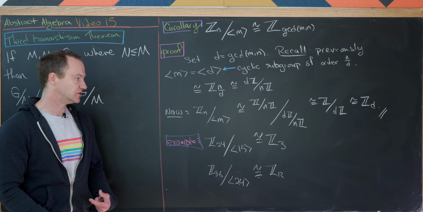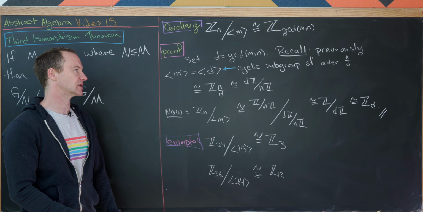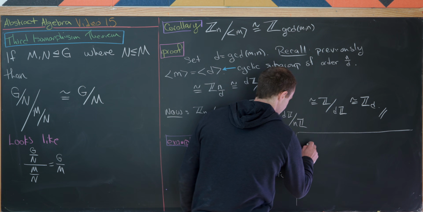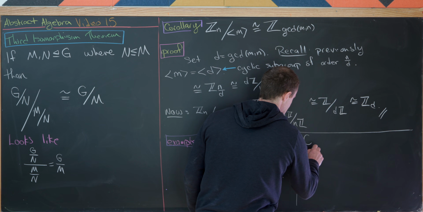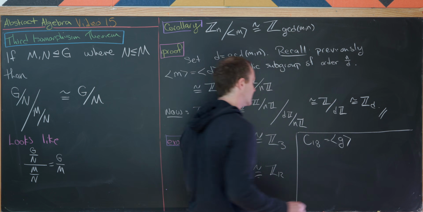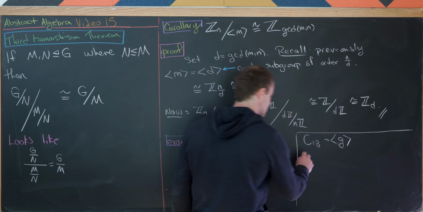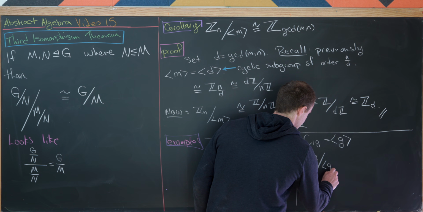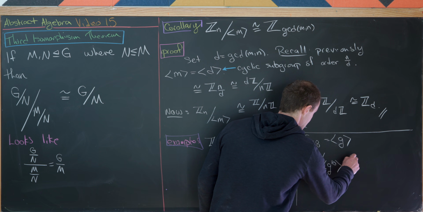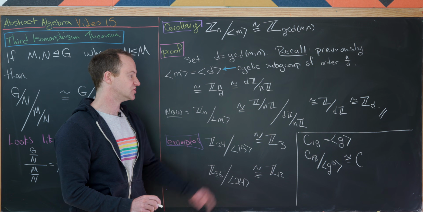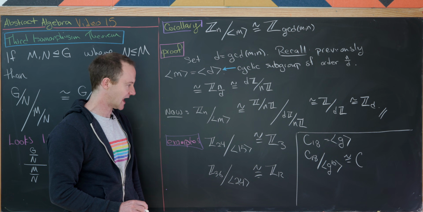And in fact, you could also do some multiplicative cyclic group examples very, very similarly. So notice if we took C18, and let's say that is the cyclic group generated by G, and we did C18 mod the cyclic group generated by G to the maybe 10, we should get something which is isomorphic to C and then the GCD of 18 with 10.